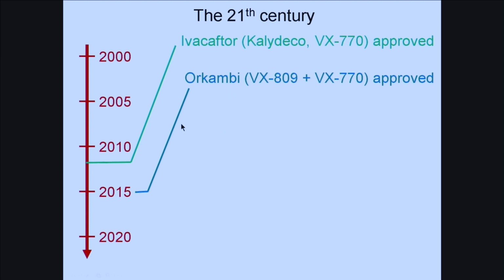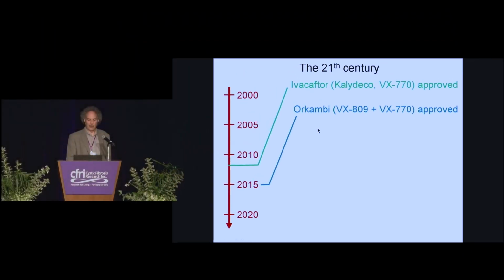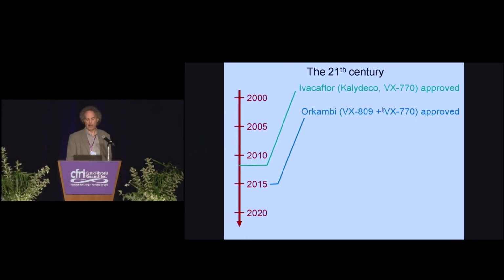And in 2012, ivacaftor became available. 2015, the combination of the corrector Vertex 809 with ivacaftor called Orkambi. Now, even before Orkambi was approved, it was widely known in the field that this would not be an ideal drug. This Orkambi did not work all that well.